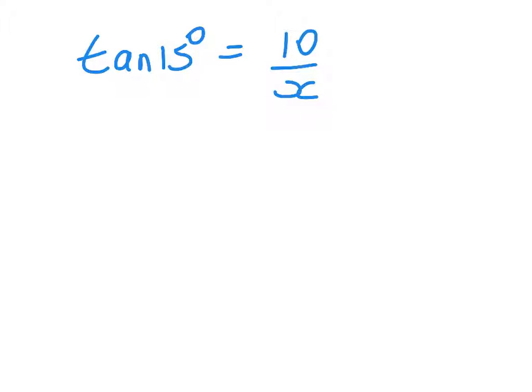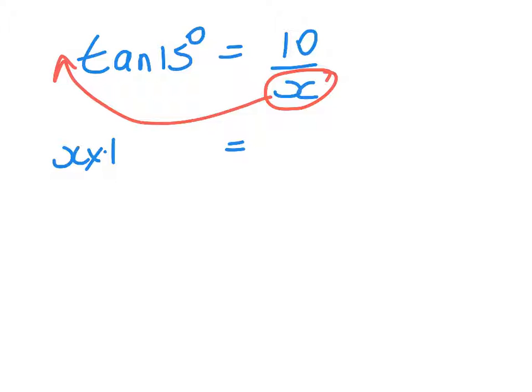And let's have a go at tan. Should be working it out the same. So let's say we had tan 15 degrees equals 10 over x. Once again, we need to move this over here. So it will read x times tan 15 degrees equals 10.